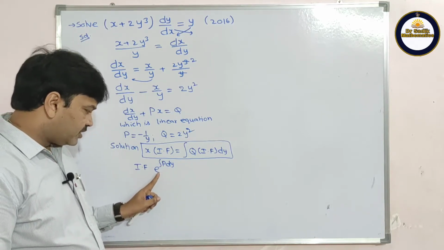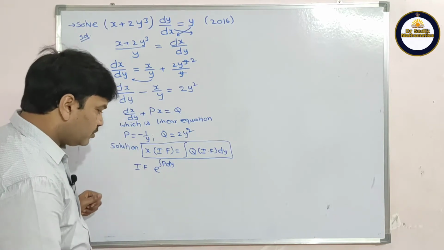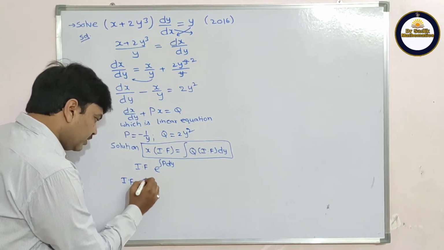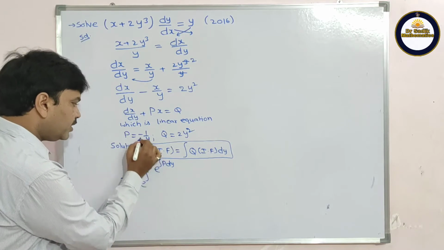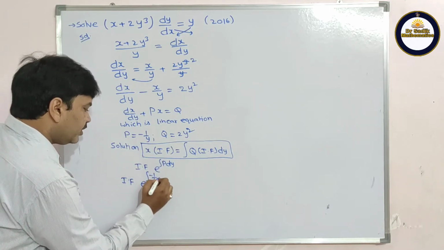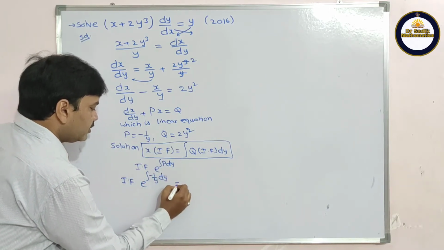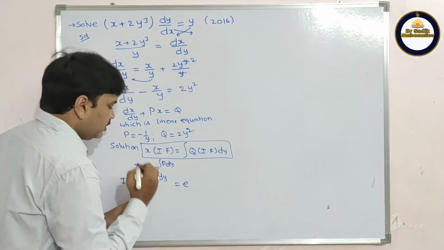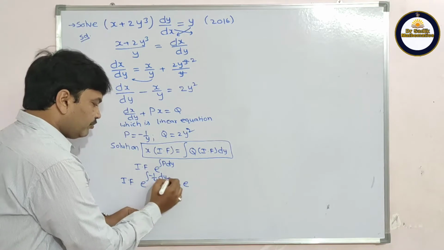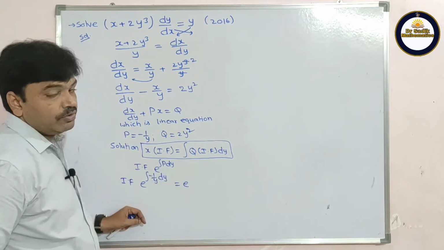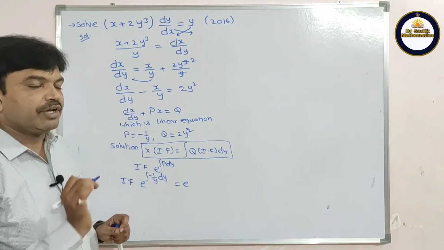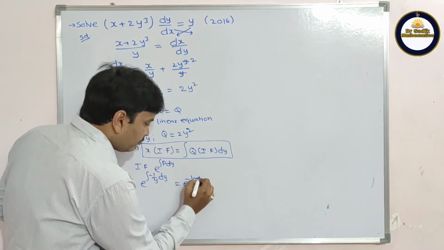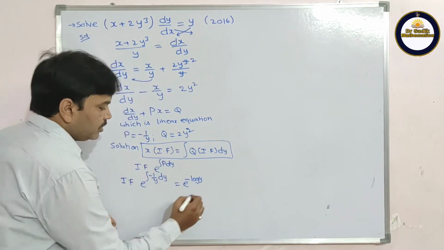Now I want to find the integrating factor first. The integrating factor is e^(integral of -1/y dy), which equals e^(-log y).